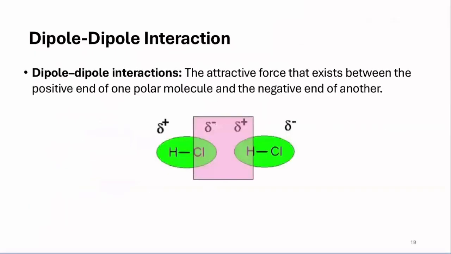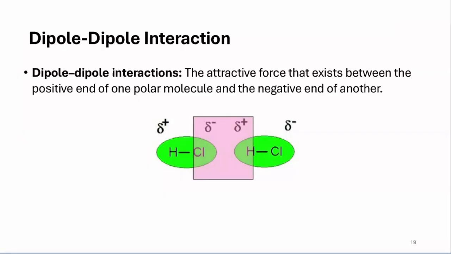Next, let's look at dipole-dipole interactions. Dipole-dipole interactions also happen in polar molecules. This is an attractive force that exists between two molecules that have a polar bond that is permanent, meaning the bond polarization in the molecule is there at all times.